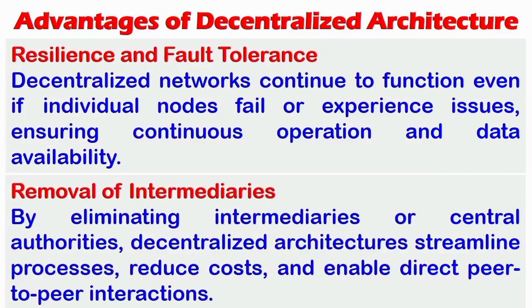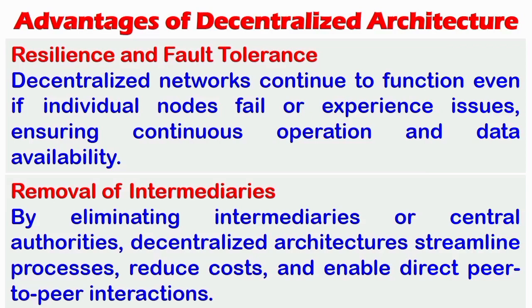Removal of intermediaries. By eliminating intermediaries or central authorities, decentralized architectures streamline processes, reduce costs, and enable direct peer-to-peer interactions. That is, decentralized architecture offers a major benefit: cutting out middlemen.